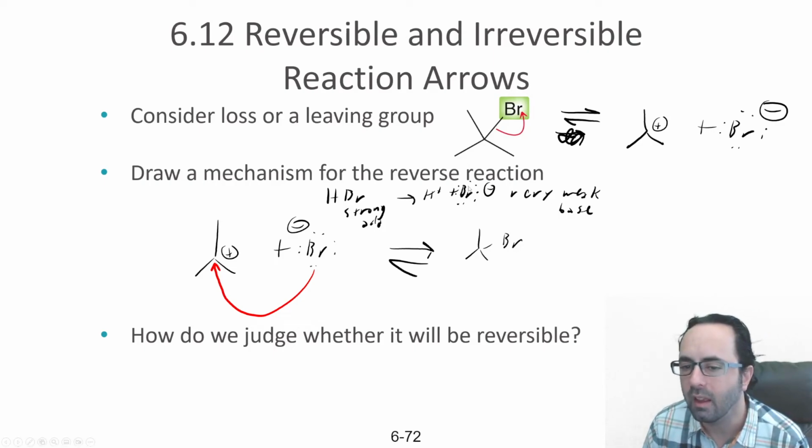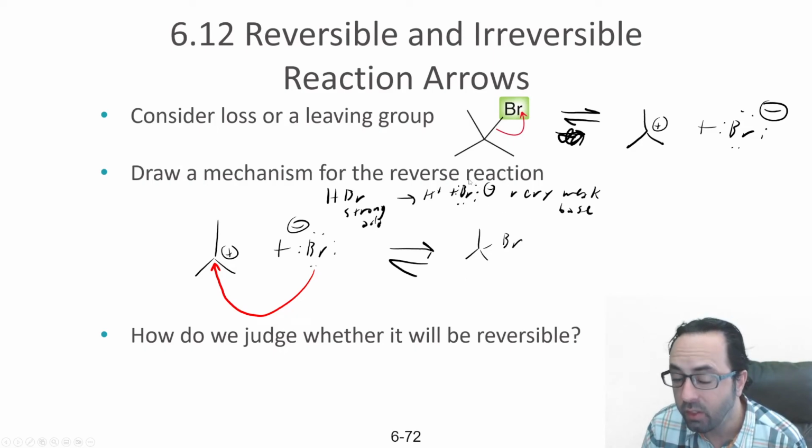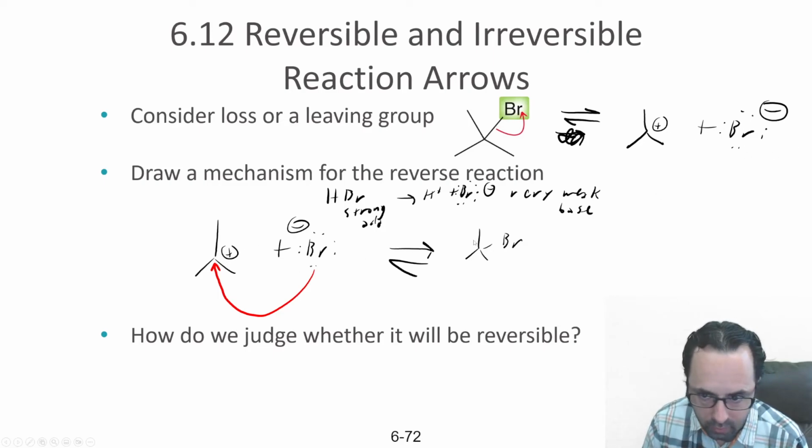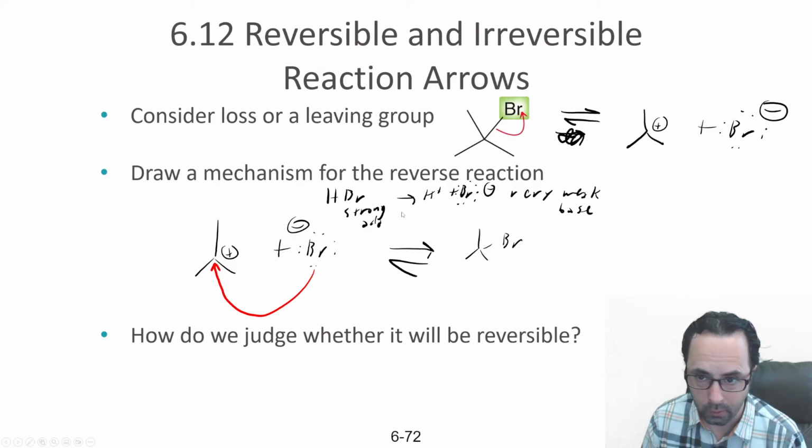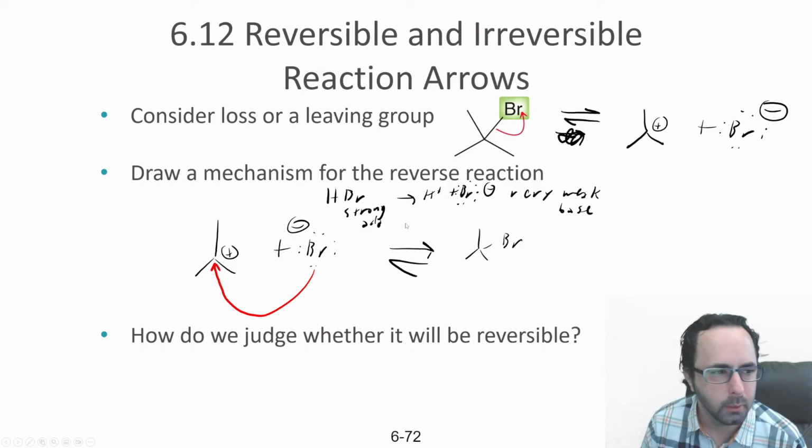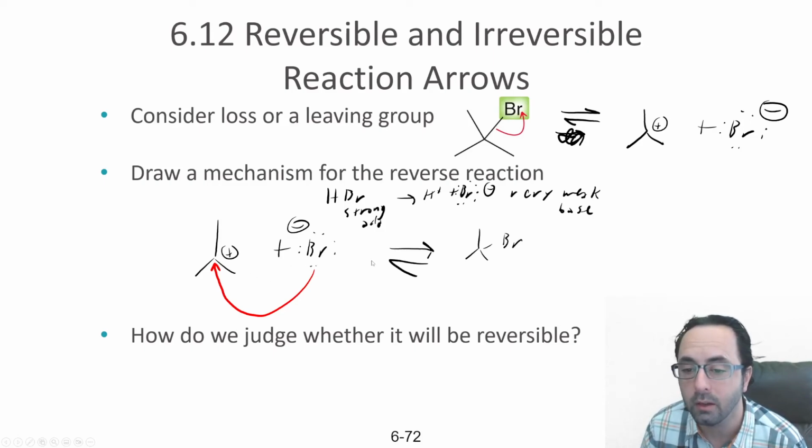By ARIO, we would say atom: the atom is big, it's electronegative, it stabilizes the charge. And so this would be very reversible because the negative ion here is quite stable. So it would definitely be okay with making the bond again. So here's where ARIO comes in very handy. It's not just for acids; it's a way of evaluating the stability of negative ions, which can help you decide how spontaneous a reaction will be in a certain direction.